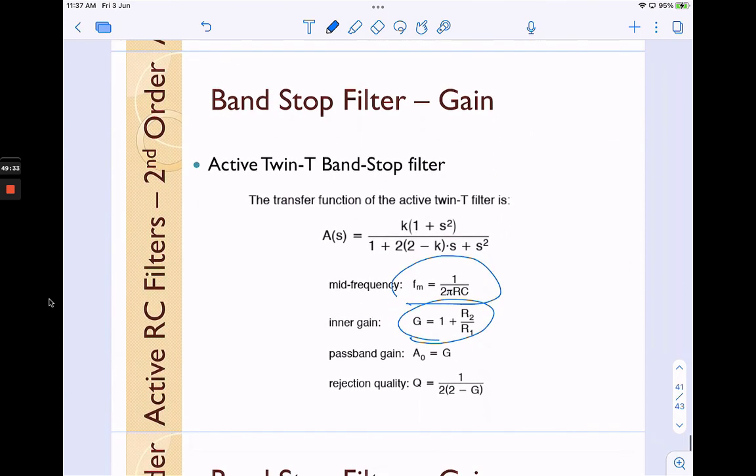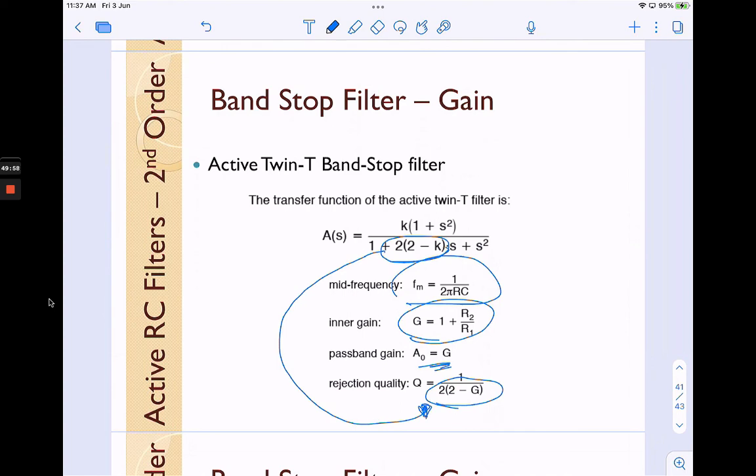And then we have the passband gain. The passband gain A0 equals G. And then the rejection quality is given by Q equals 1 over 2 times (2 minus G). So actually this quality factor comes from this portion.